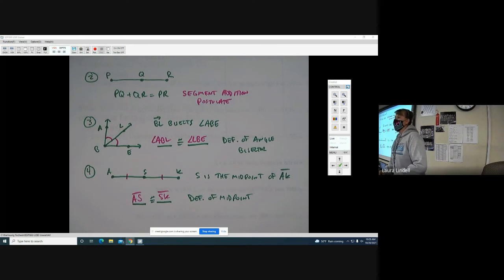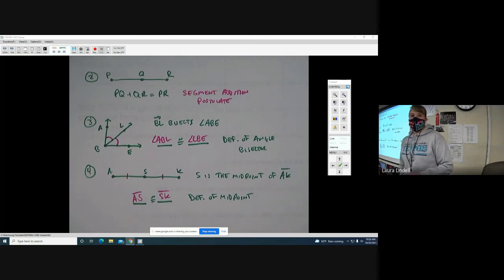Wait a minute, though. I still see people writing. All right, the next page does have the homework on it. It's 9 problems, and we're going to go through the first 1 or 2 to show what's expected on these problems.